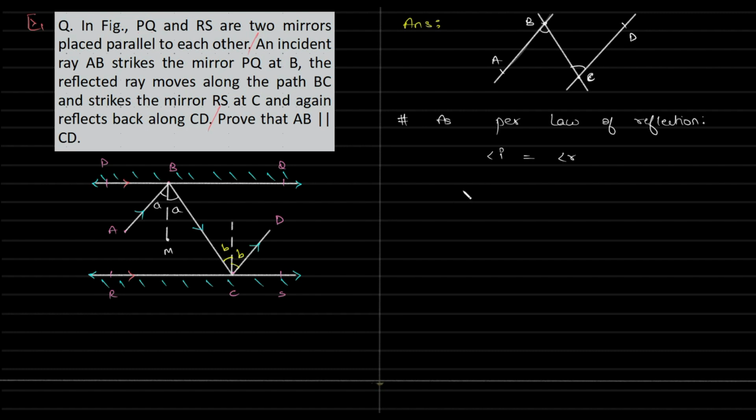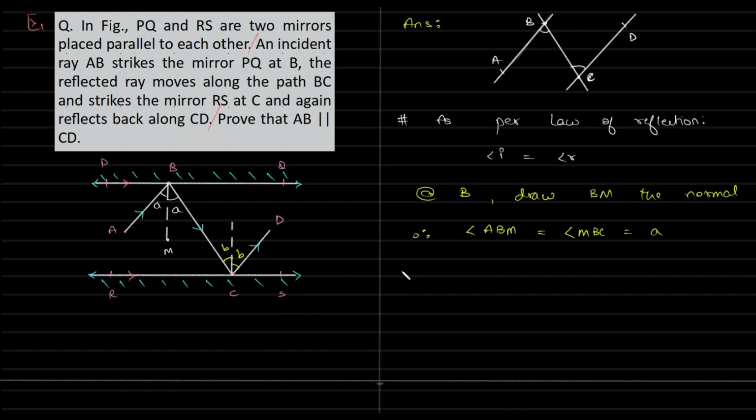Okay. So how to do this? We have to do a bit of construction. At B, draw BM, the normal. Therefore angle ABM is equal to angle MBC, which is equal to A. That's what the law tells.